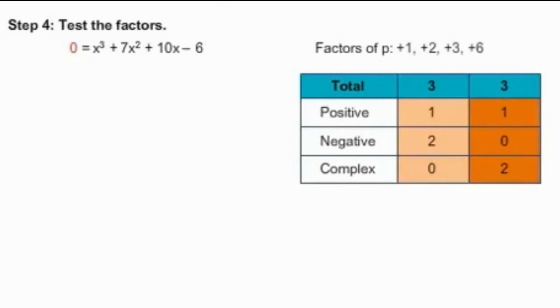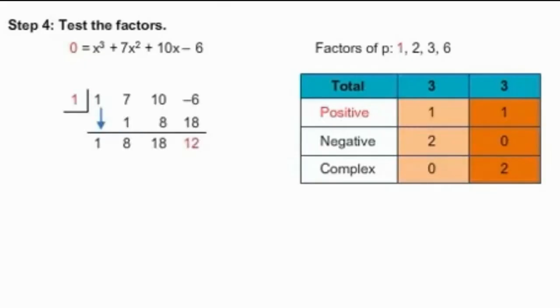Recall the information from steps 1, 2, and 3. Test the possible solutions using synthetic division and the factor theorem. Begin with the possible positive rational solutions, 1, 2, 3, and 6. Start with factor 1. The remainder does not equal 0, so 1 is not a zero of the function. Keep testing. Now, try factor 2.